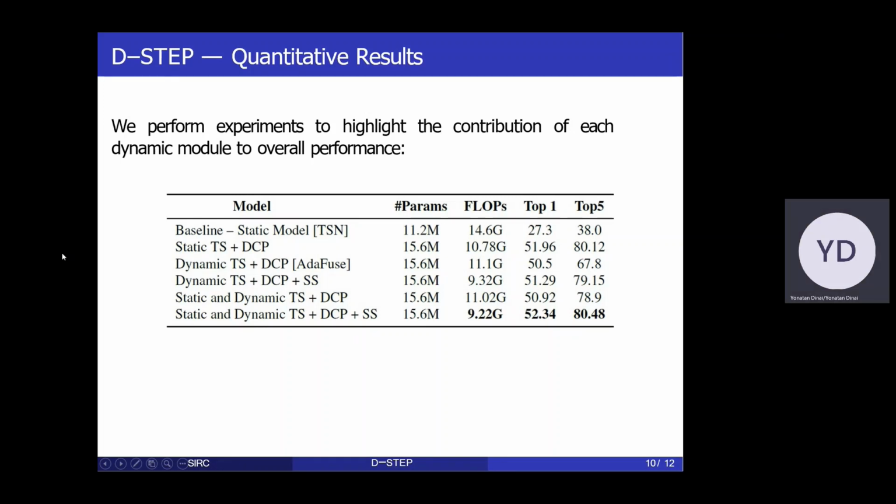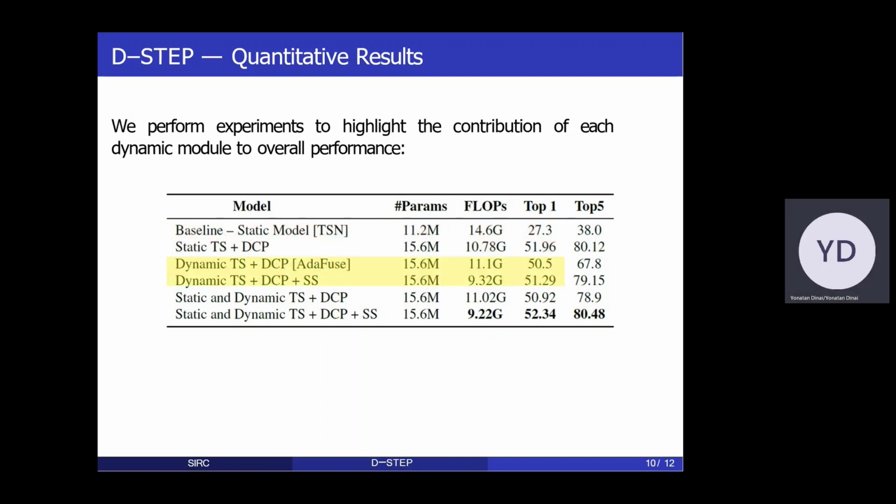In the paper, we also provide an ablation study for the different modules in our network. First, we can see that adding the static temporal shift is critical for achieving high accuracy as it performs temporal modeling.